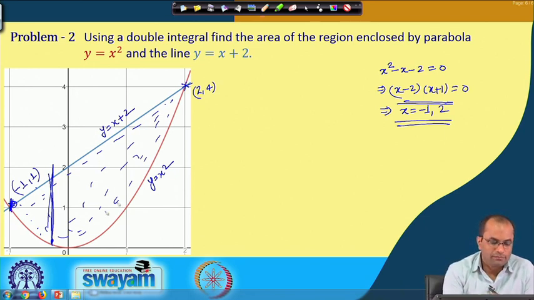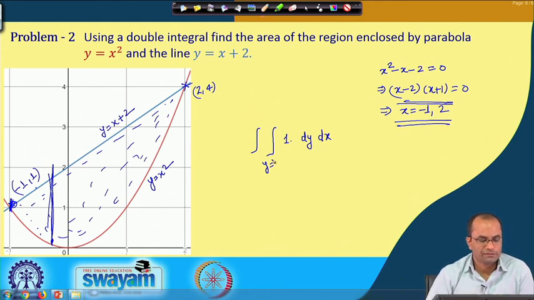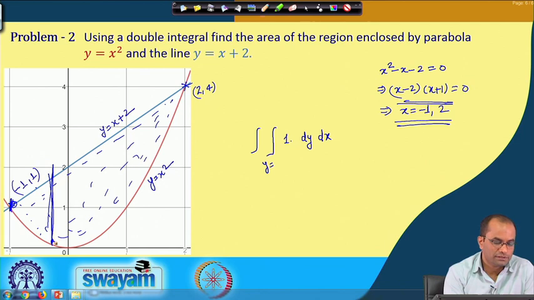So, for this area bounded by these 2 curves, we will compute this integral, the integrand will be 1, and then we have dy dx. The limits of the inner integral with respect to y will be from y is equal to x square to y is equal to x plus 2, from the parabola to that line.